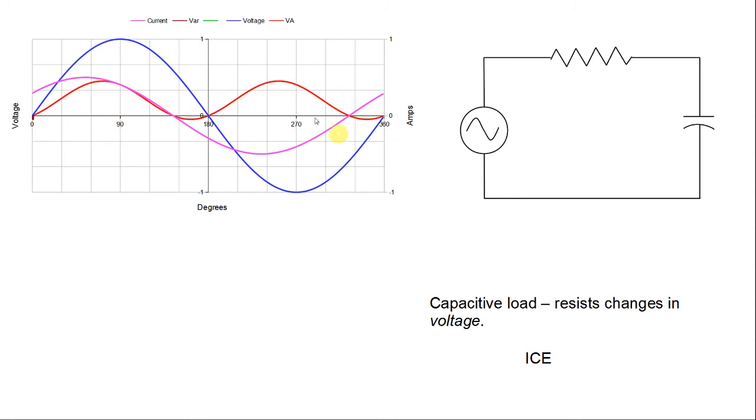Okay, so here we have both a positive current and a positive voltage, so we start off in a positive direction. But since the current is leading the voltage and it passes through the x-axis while the voltage is still above the x-axis, it's going to create this negative dip in my volt-ampere waveform, which is going to create some reactive power.